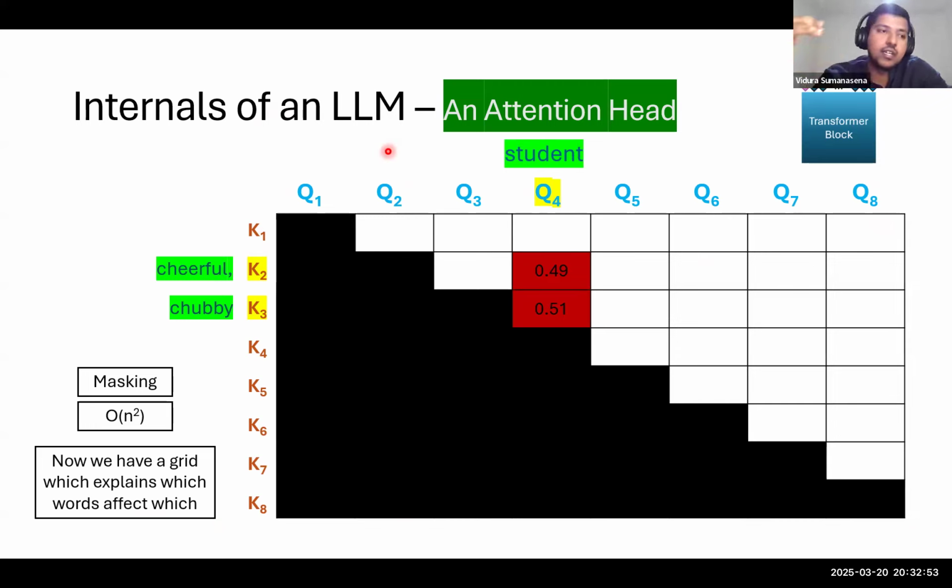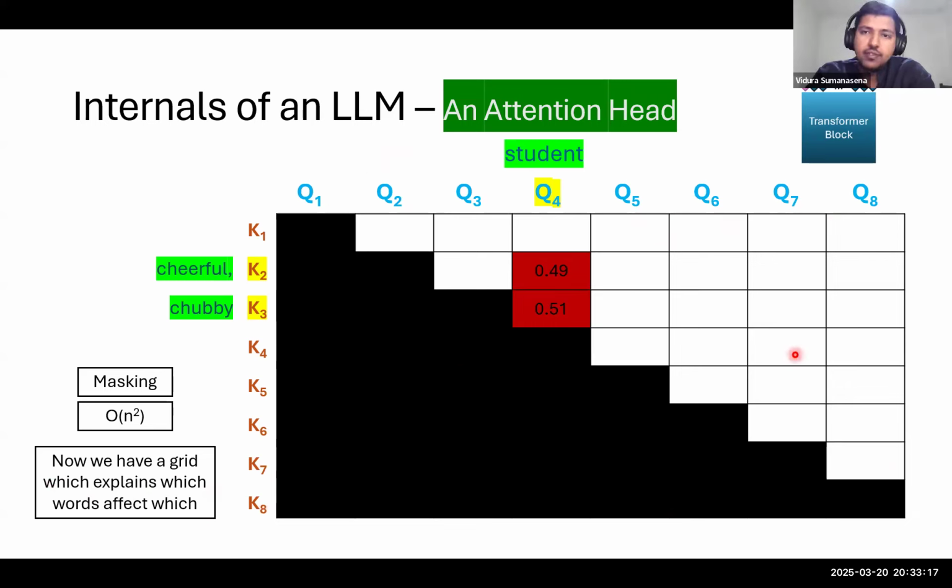That is why initial large language models only had a very limited context window, about 4096, and later GPT-4 came with 32,000, and now it's about 100,000. There are different techniques on how you reduce this size, which is out of the scope of today's session.